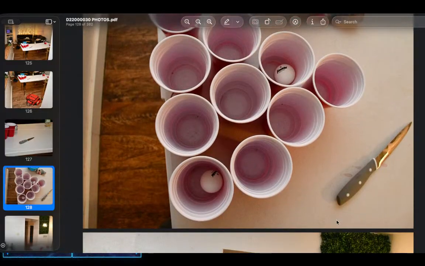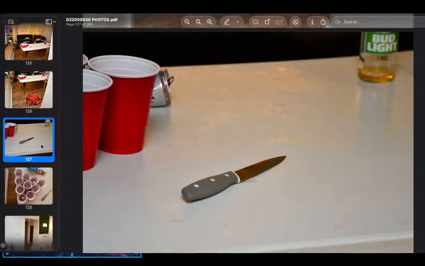This one they like cut off. Right here. Where's the other blood spot? That's right there. That's right there. It's like 1, 2, 3, 4 red splotches there.